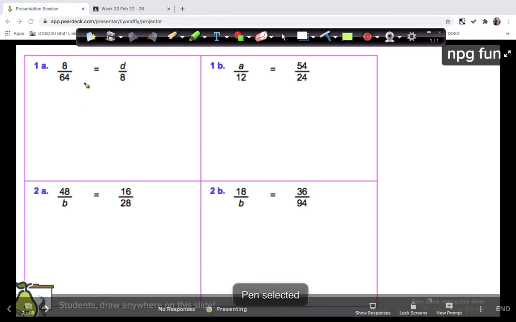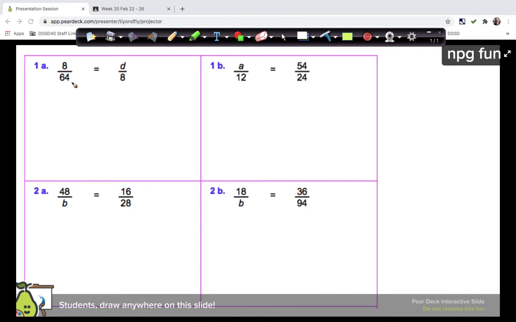So to get from 64 to 8, we can divide by 8, but what I want to do is multiply by 8/64, which is 1/8.